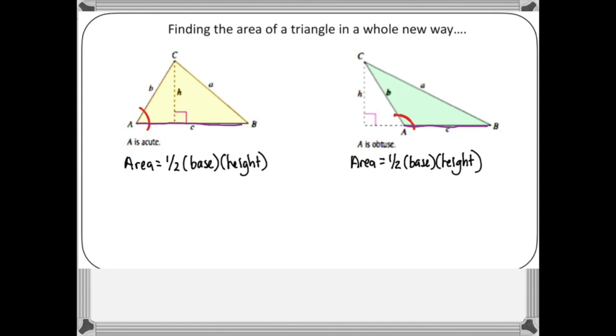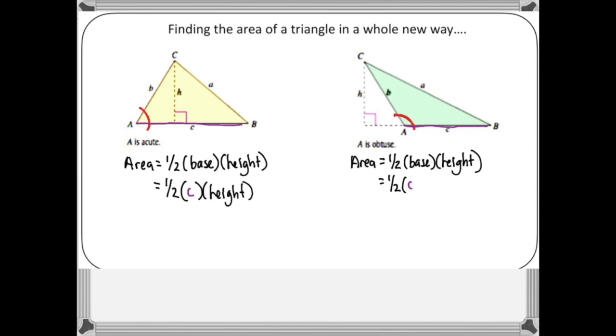So let's start to put the pieces together that we already know. All right, so bringing things down, we would have 1/2. Okay, and the base in this case is just going to be that length of C, okay? And then we would still have height, which we know we want to get rid of because it's just kind of a pain, as we saw.